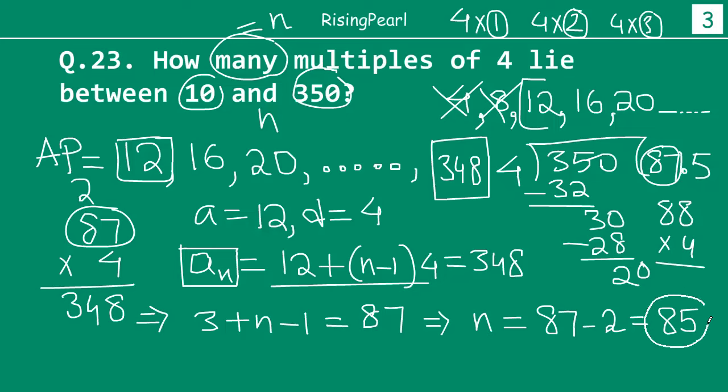So n is equal to 85. What does it mean? It means there are 85 multiples of 4 in between 10 and 350.